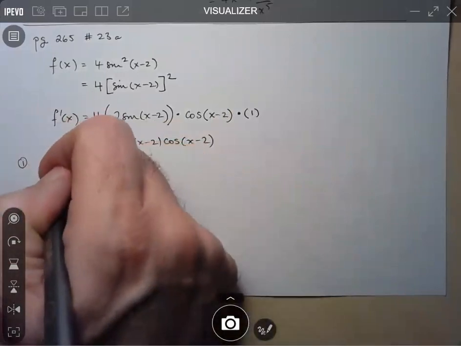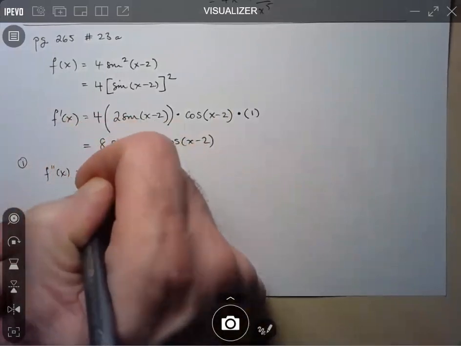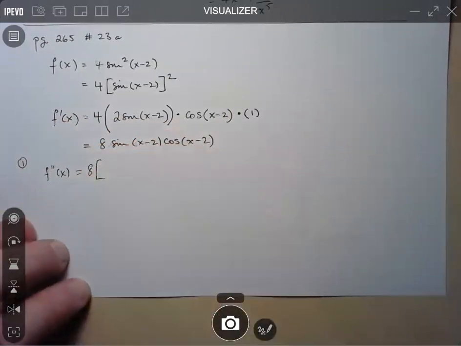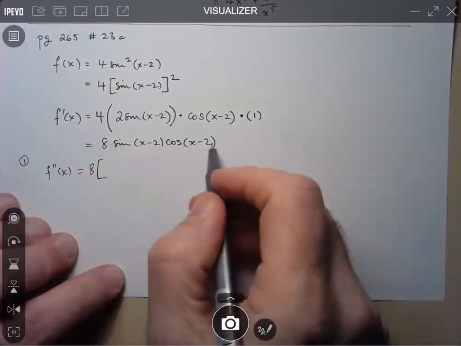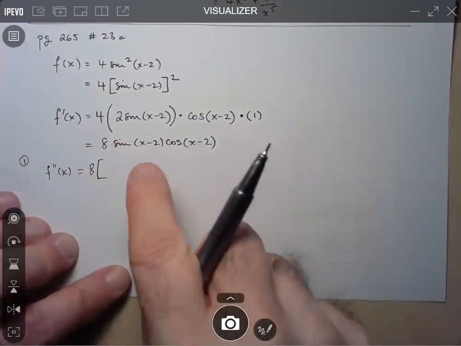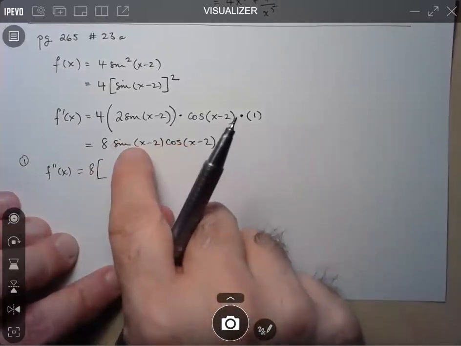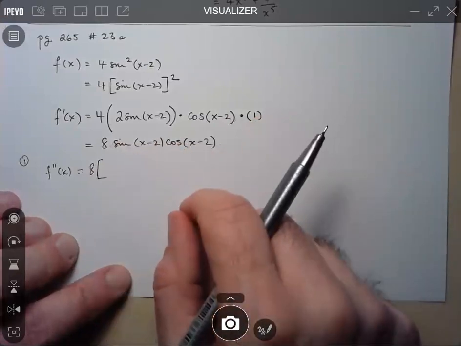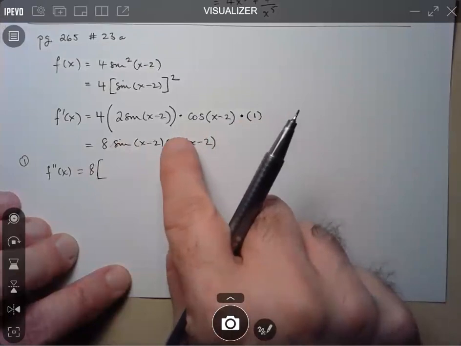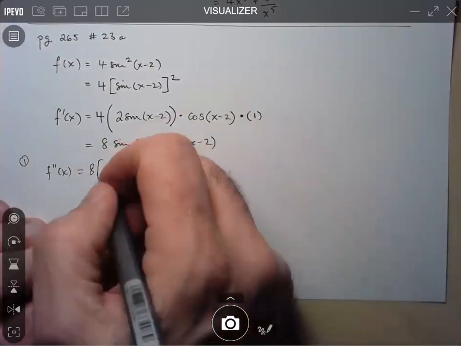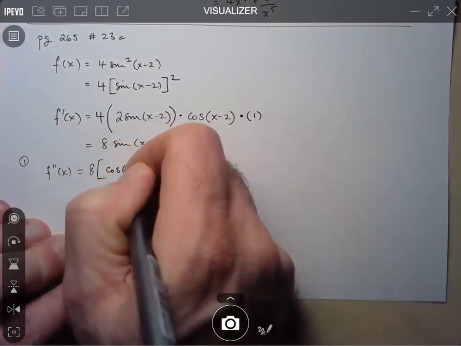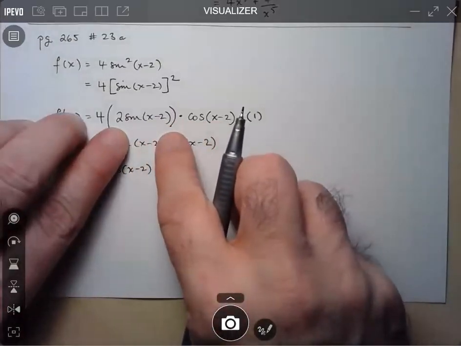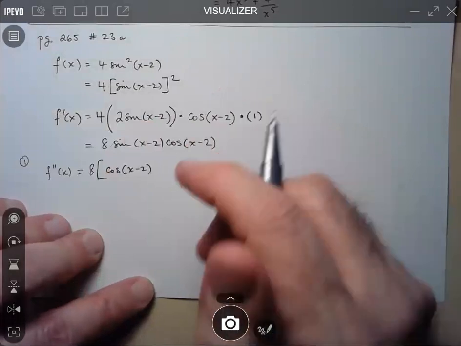So f double prime. So again, 8 is just a constant. And now let's take the derivative using the product rule. Now notice in each of the cases where I need to take the derivative, I'm going to have to use the chain rule. Okay. So the derivative of the first function, so the derivative of sine u is cos u. And then the derivative of u with respect to x, again, just happens to be equal to 1.